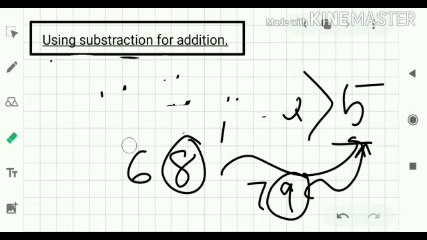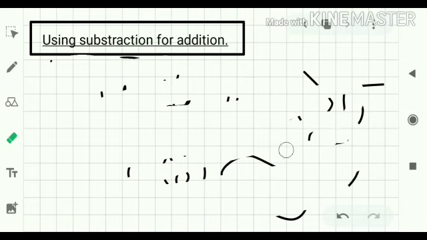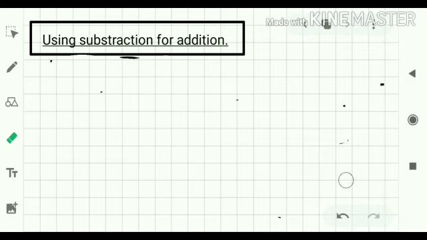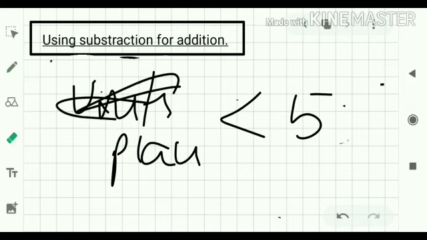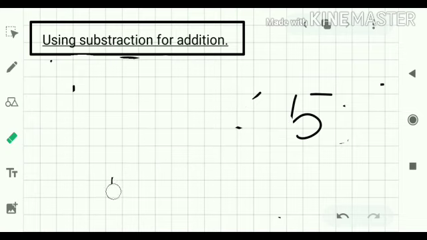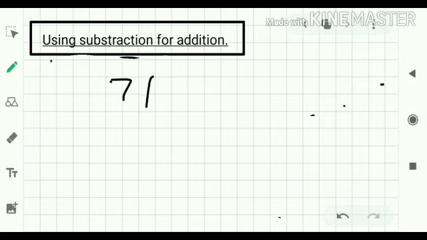Now what if I take a number whose units place is less than 5? Let us see an example.